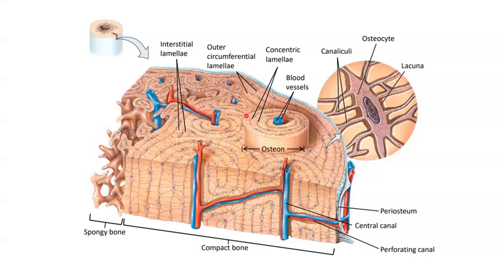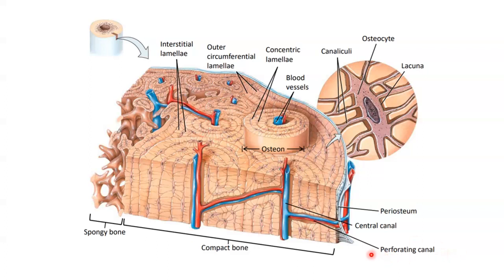All of those together form what we call the osteon. We then have a central canal. So that runs down the middle of an osteon. And that central canal will house the blood vessels for the bone, as well as any nerves. So it runs down the center of each osteon, you can see here and here.